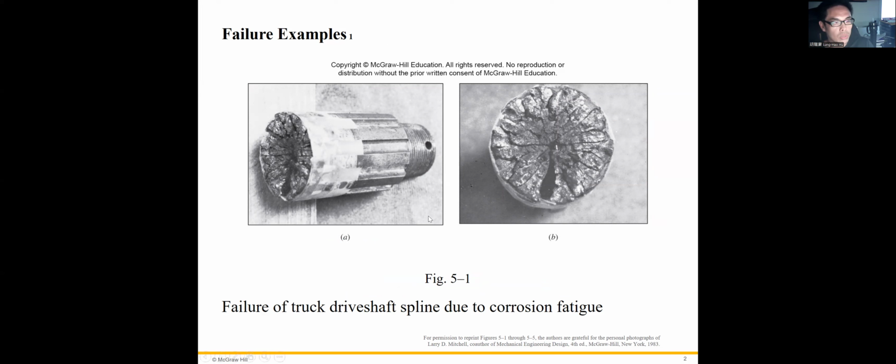Okay, so look at this kind of component, which is a truck driveshaft spline. It broke, or failed, due to corrosion fatigue. Maybe this truck is driven around a highly humid environment every day, and this driver never took good care of the truck.